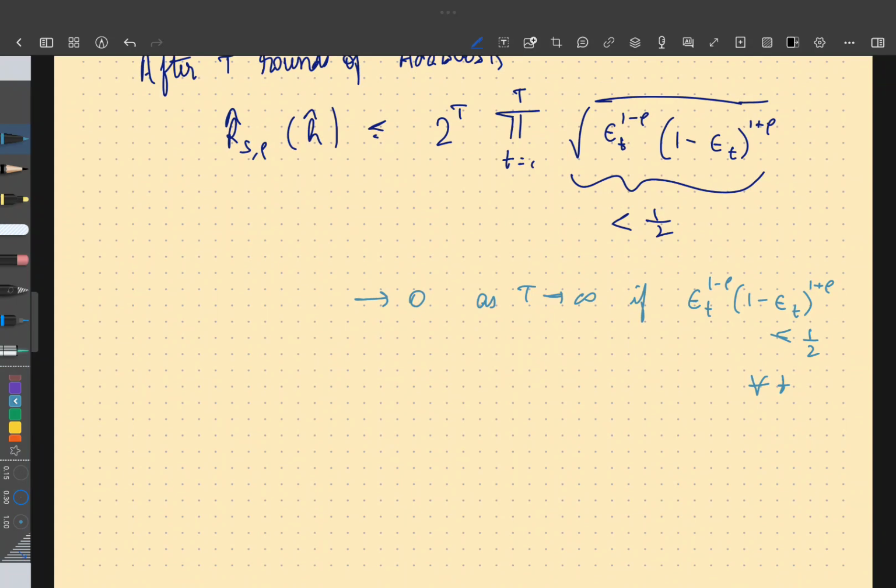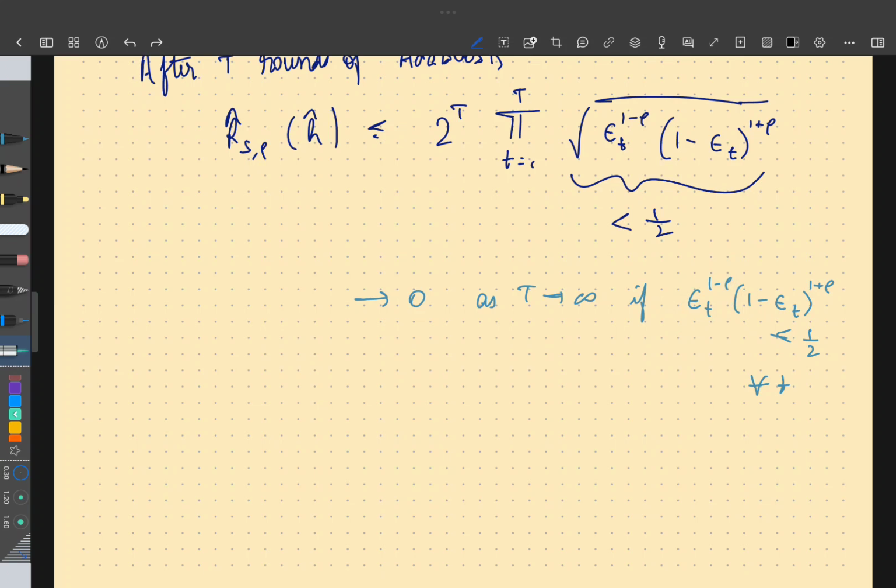In fact, even without that, this quantity is at most 1, and this quantity is at most half minus gamma to the power of 1 minus rho.